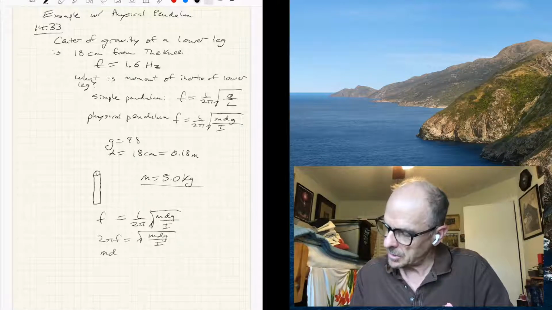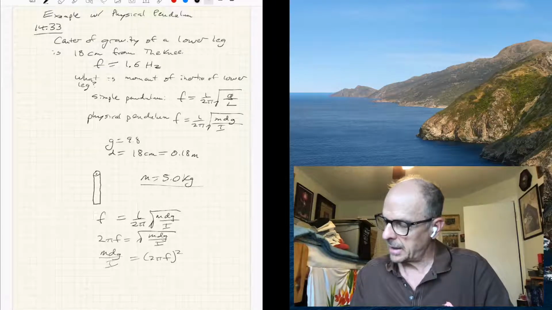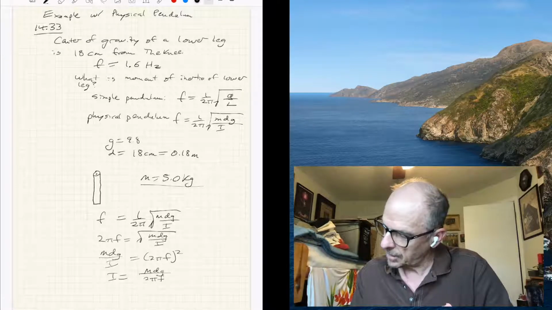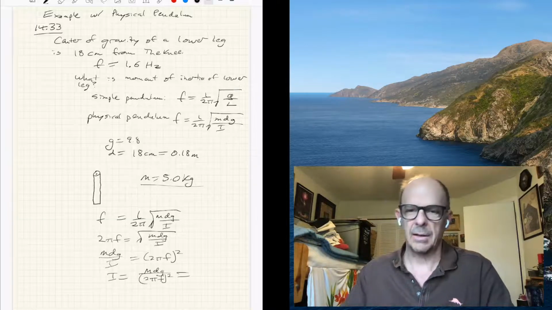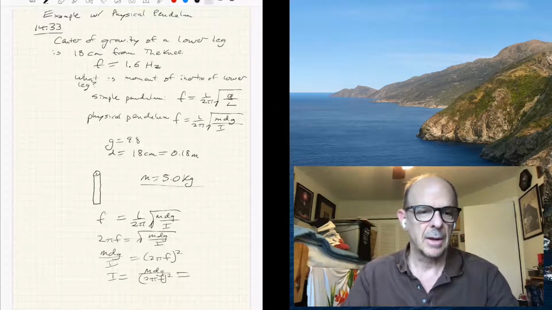I get mdg over I is (2 pi f) squared. Now cross multiply by I and divide by (2 pi f) squared, and I get I equals mdg over (2 pi f) quantity squared. That then just becomes, as I said, a plug and chug problem.